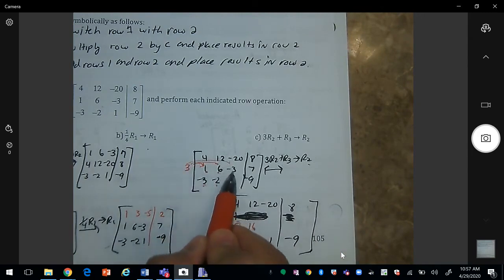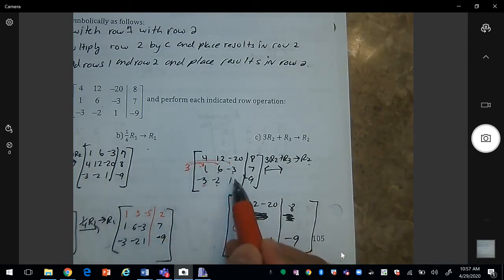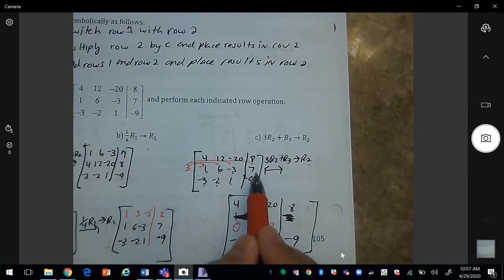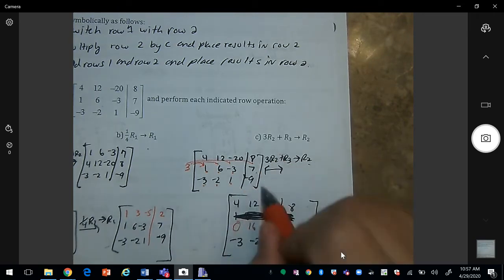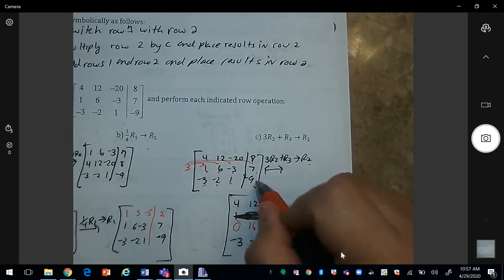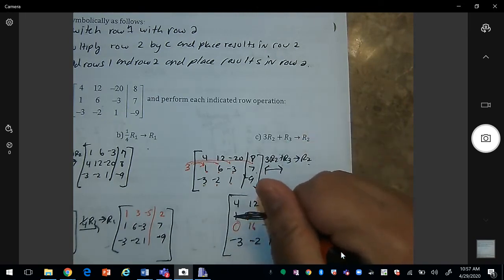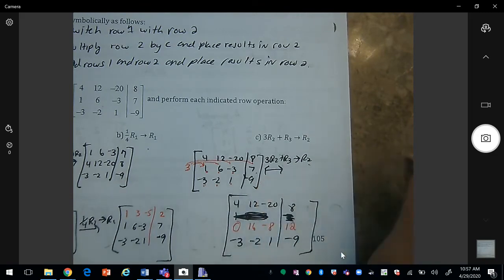And then 3 times -3 is -9, and we're adding it to row 3, so then we get -8. And 3 times 7 is 21, plus -9, and so that gives us a positive 12.